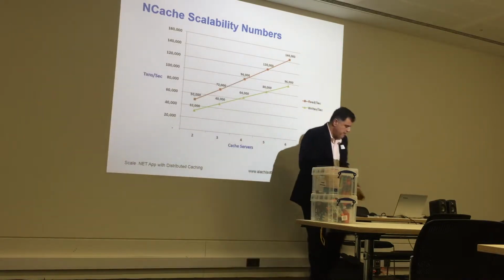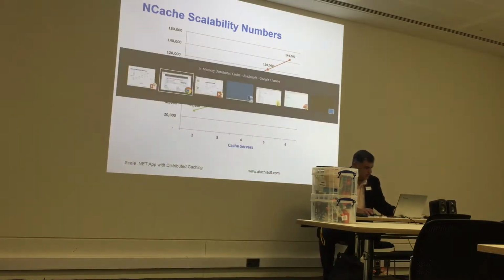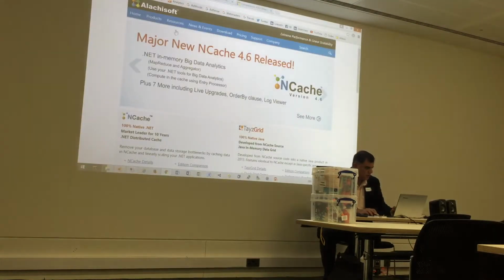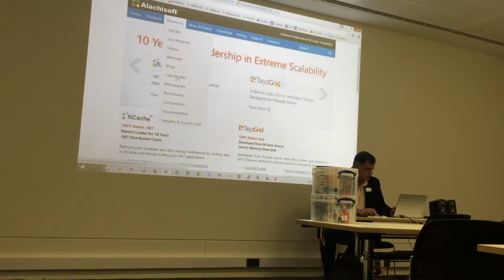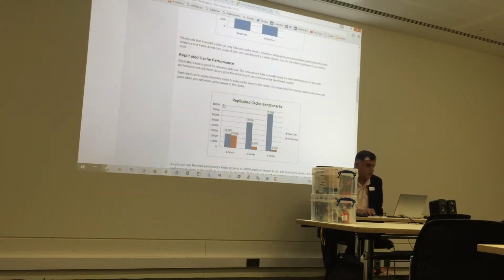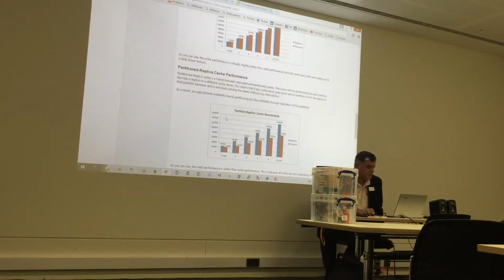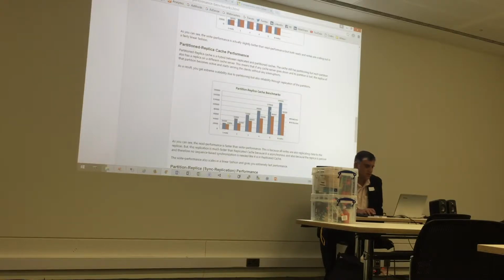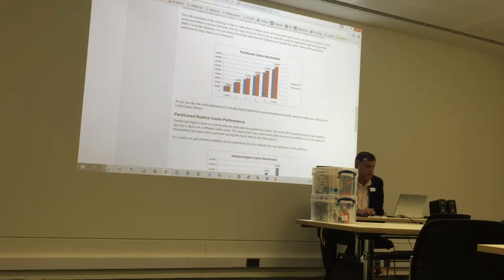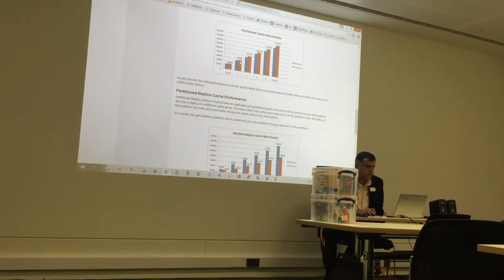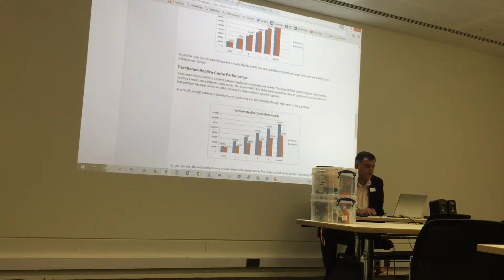Let me quickly show you the numbers, just a comparison of these. If I go to our website and go to the benchmarks and cache, these are the numbers I'm showing you here. But this is with the partition and replication. If I turn off replication, I'm doing about 54,000 writes per second and 50,000 reads per second.